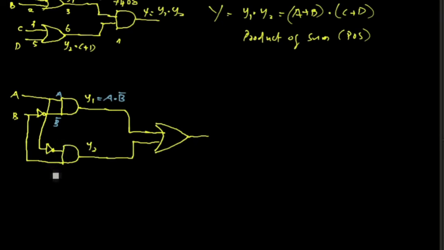Here one input is B itself, and another input is A complement.